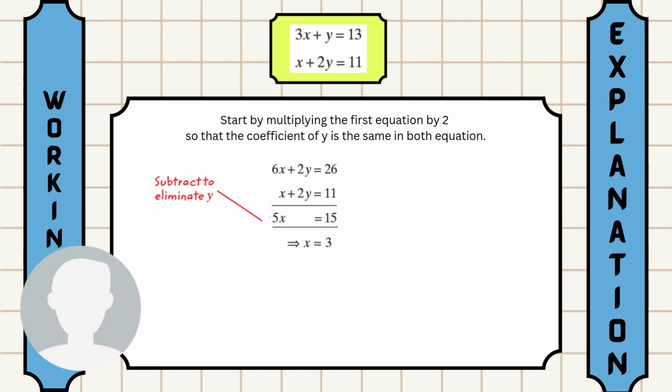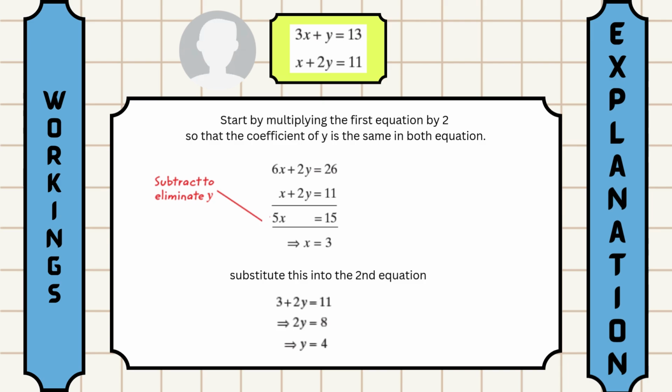Once you subtract both equations, 6x minus x gives you 5x, and then 26 minus 11 gives you 15. So 5x equals 15, which results in x equals 3.